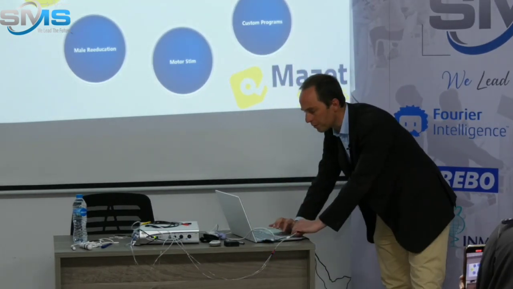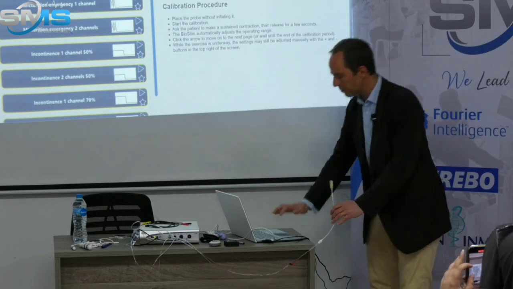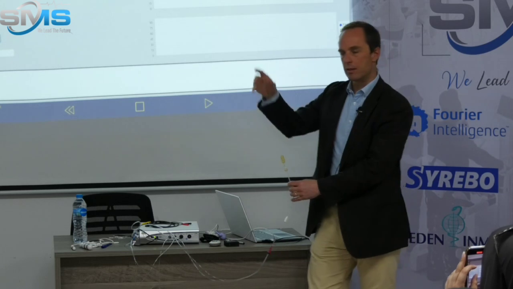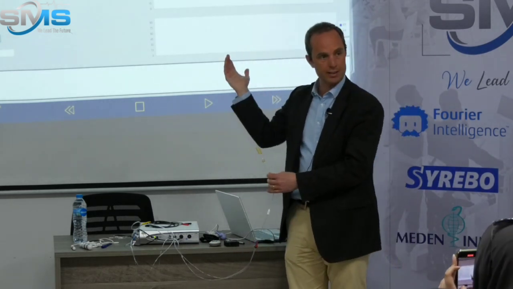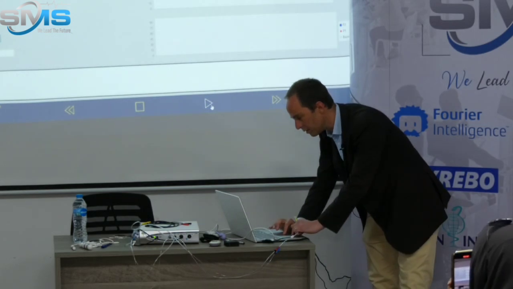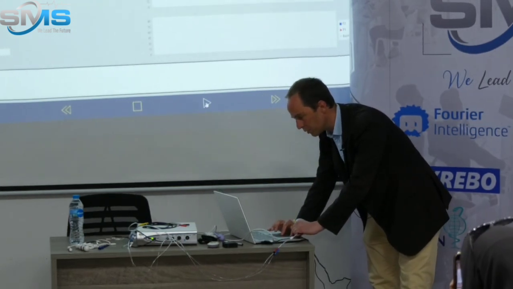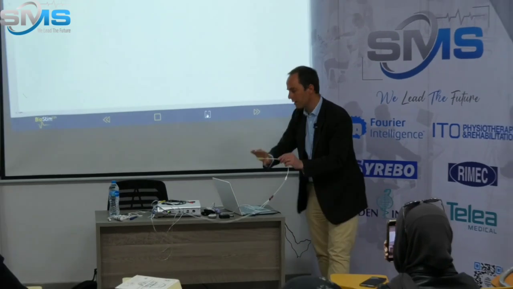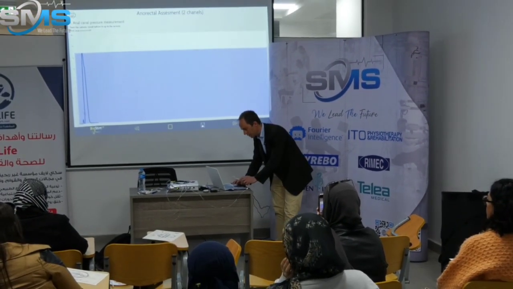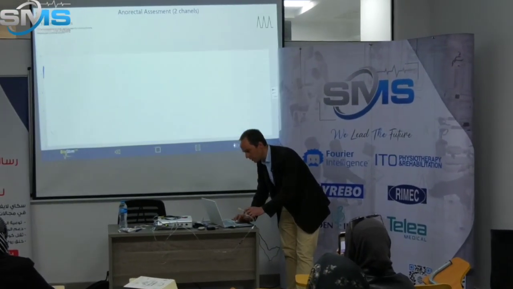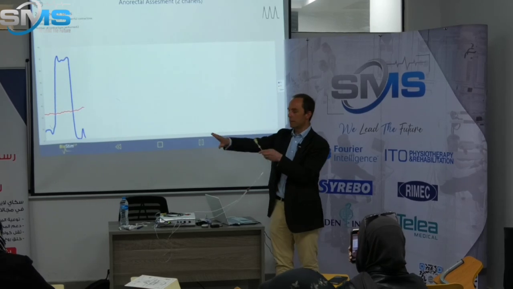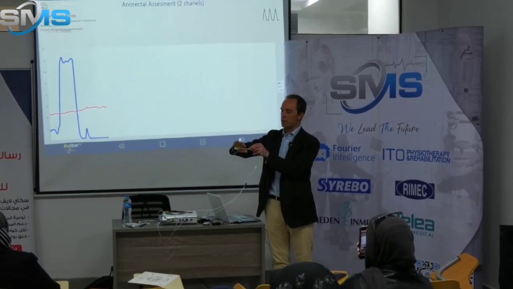We'll use the anorectal probe just like we did with the vaginal probe. We'll start with an assessment, and here we have a specific assessment. So I'll do it fast. Now you can see here, imagine my probe has been inserted correctly.